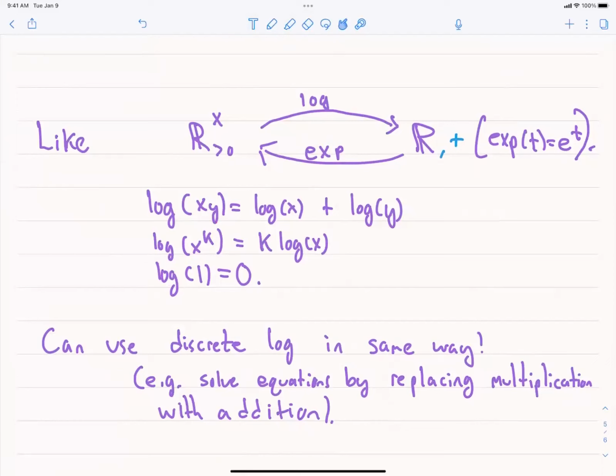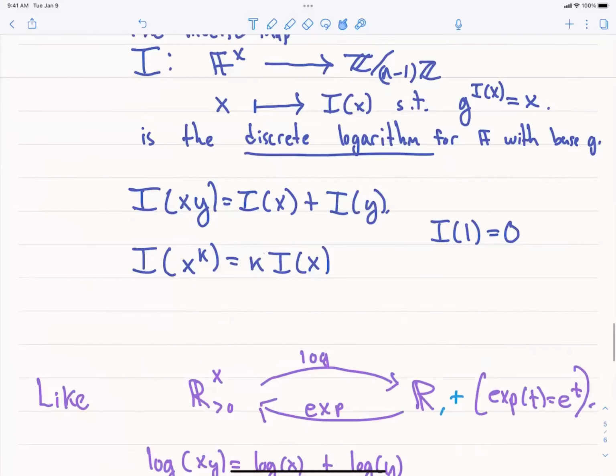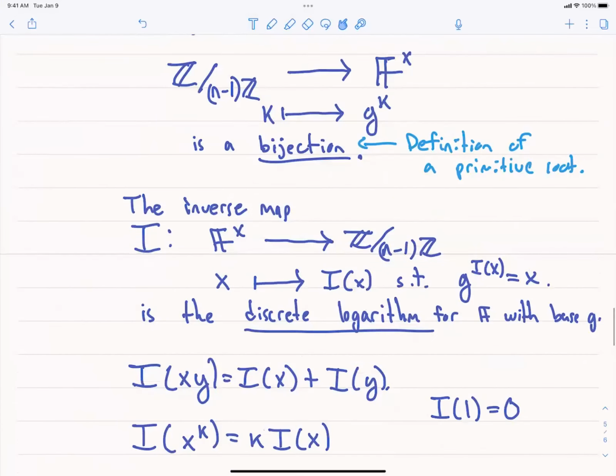And then I just wanted to point out the connection before finishing with last time. Computing this inverse map is the thing that breaks Diffie-Hellman. So with Diffie-Hellman, when you establish your shared secret, you take some primitive root and you send out g to the a. You pick your number a and you send out g to the a. Your partner would send you g to the b. You'd both raise these to powers and you'd get a shared secret.